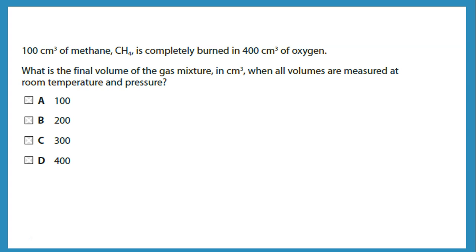Okay. This question says 100 centimeter cubed of methane is completely burnt in 400 centimeter cubed of oxygen. What is the final volume of the gas mixture? And we're told that all volumes are at room temperature and pressure.